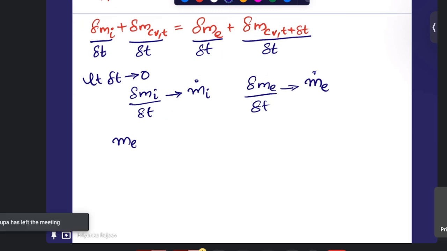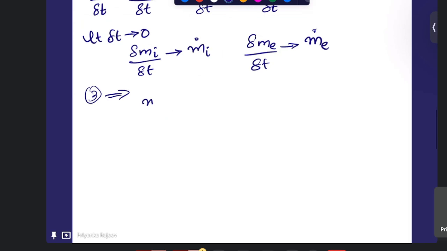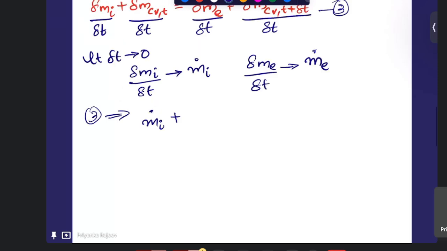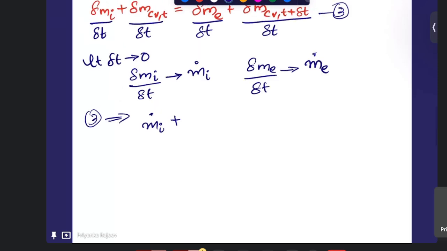From equation 3, I can write Mi dot plus this whole term. I'm taking this term to this side, and this to the other side.